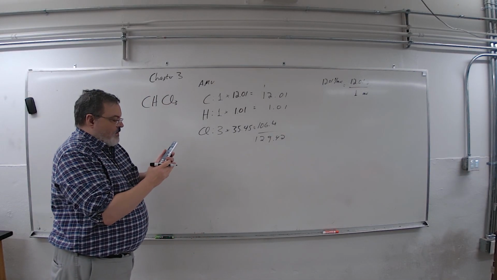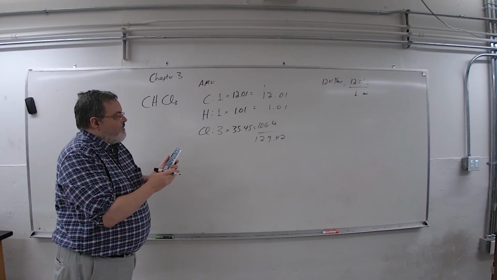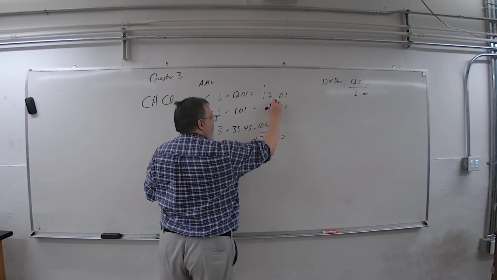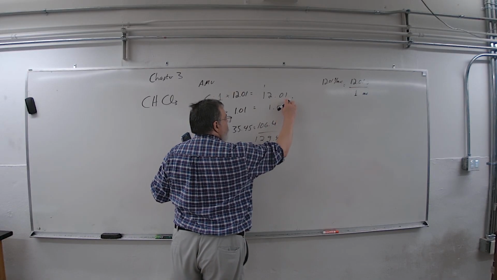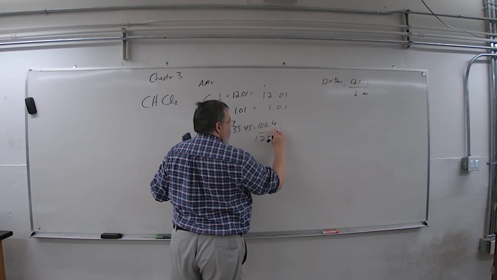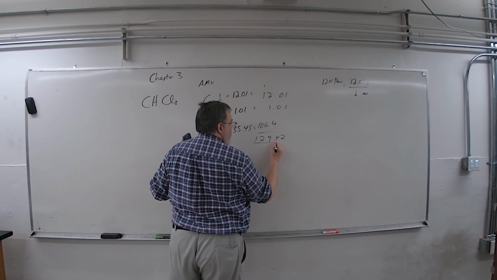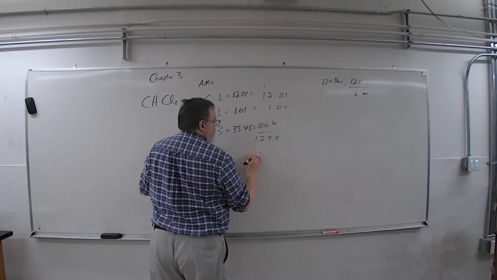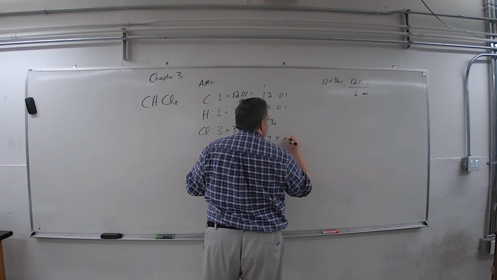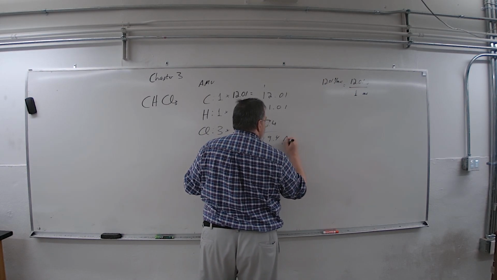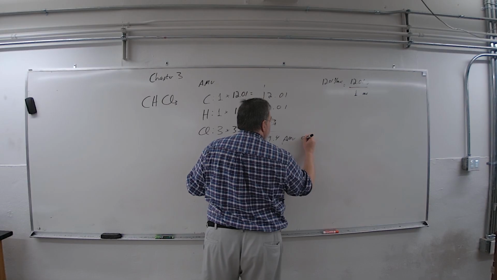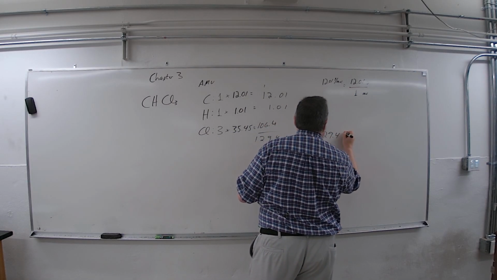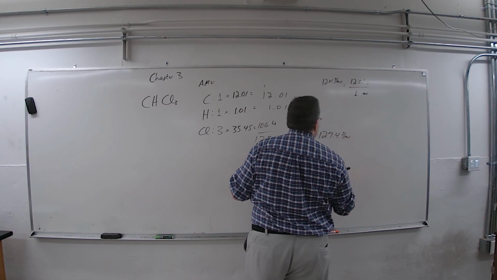All right. Did I do that right? One more thing. Now that I'm adding, it's 2 after the decimal, 2 after the decimal, 1 after the decimal. So really, I'm just keeping that. So it's 129.4, and that's 129.4 AMU, or equivalently, 129.4 grams per mole.